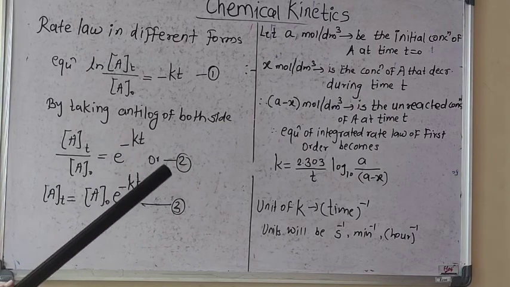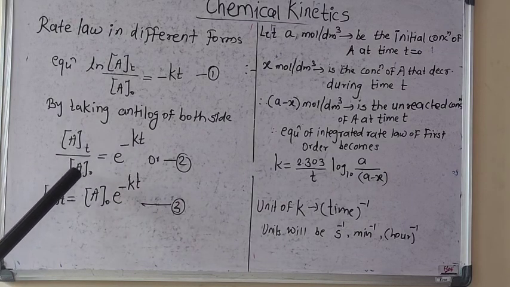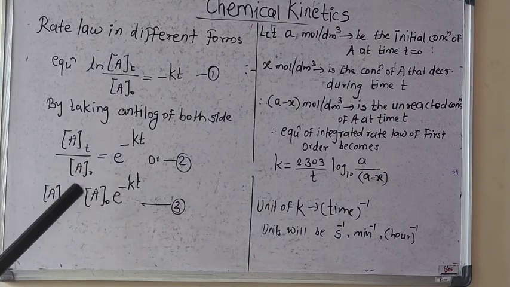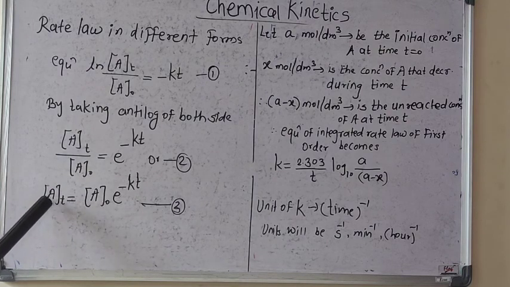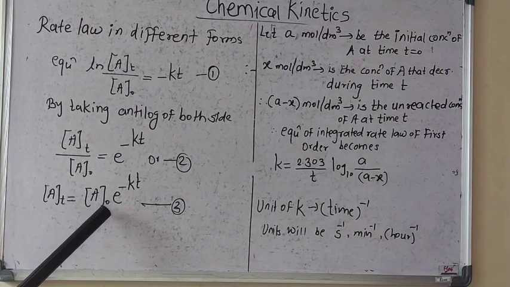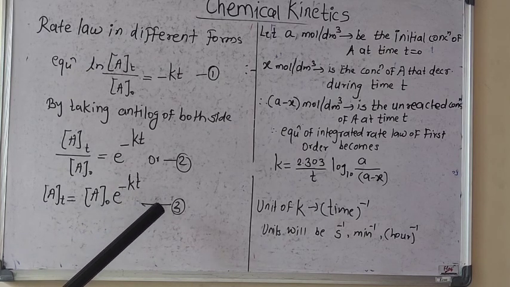This can also be written with [A]0 moved to the other side. So the molar concentration of A at time t is equal to the molar concentration of A at time t equal to 0 times e to the power of minus kt. This equation is equation number 3.